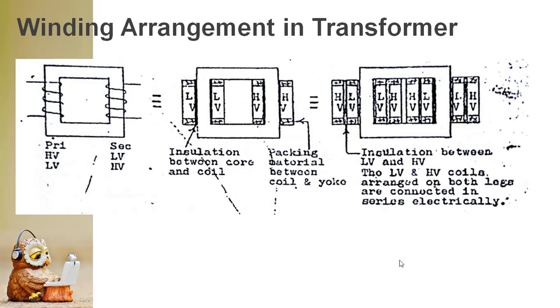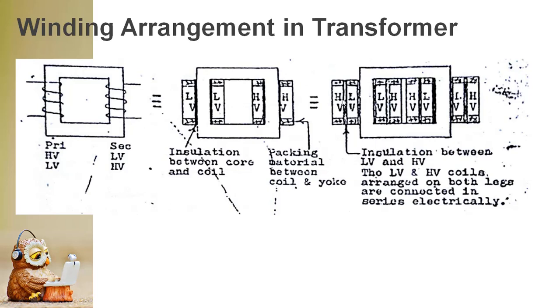But in this case, both the limbs have both LV and HV winding. Clear? There will be some insulation between the core and the LV, and again some gap and insulation between LV and HV. So why that gap? For the cooling purpose. Clear?